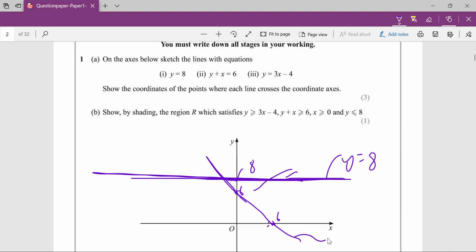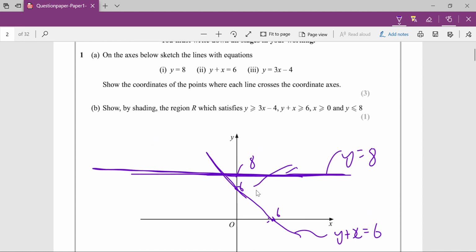So this is y plus x equals 6. It also rearranges to y is 6 minus x. If you plot that, you would also get a y-intercept of 6 and the slope of -1.